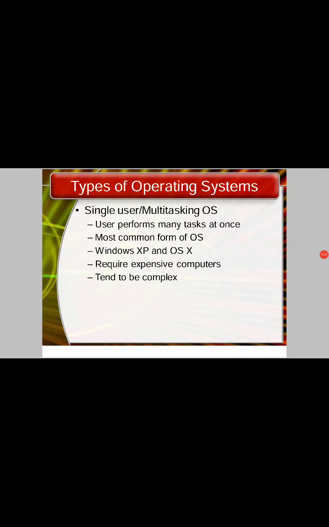So next type of operating system is single user multitasking operating systems. Here we have only one user, or single user, per system, but we can run multiple programs, which means we can run more than one program at a time.